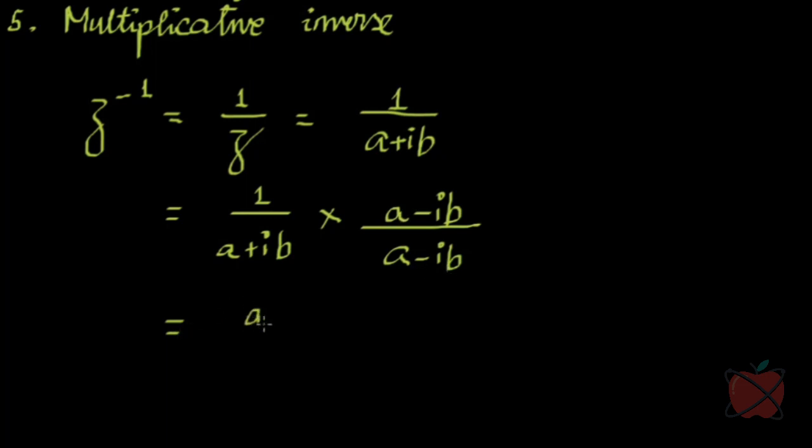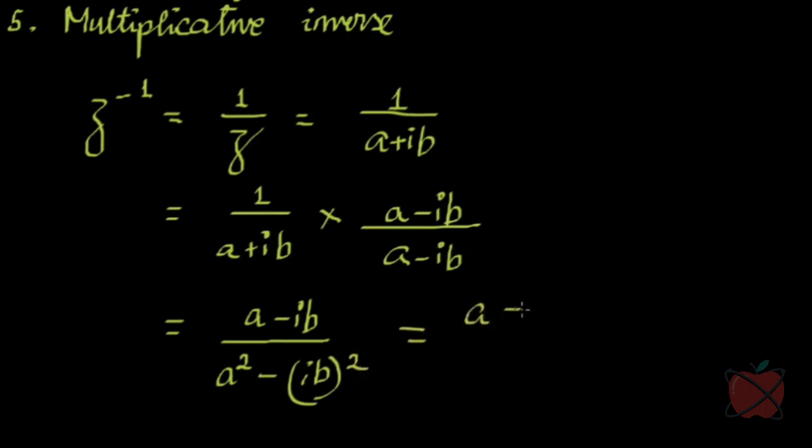So you'll get the numerator to be a minus ib, and if you look at the denominator, it follows that formula a square minus b square. So a square minus, here it's not b square, it's going to be ib whole thing square. So if you solve this, you'll get a minus i times b divided by a square. You'll get i square, right? And we know that i square is minus 1.